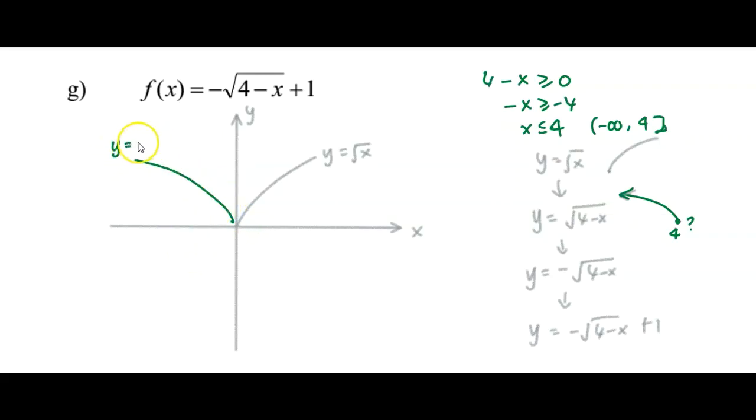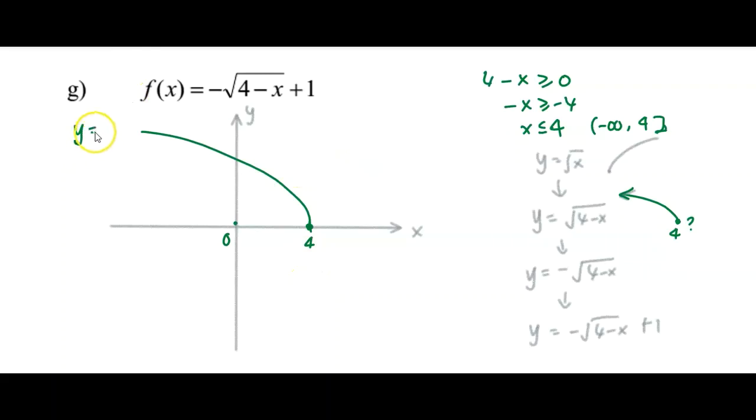You have y equals square root of -x, and from here it will go to the right-hand side by 4 units. So as if this is a 4, from 0, 0 it will be shifted to the right by 4 units, and our graph will become like this. So you can erase this off. Now you have the graph of y equals square root of 4 minus x.